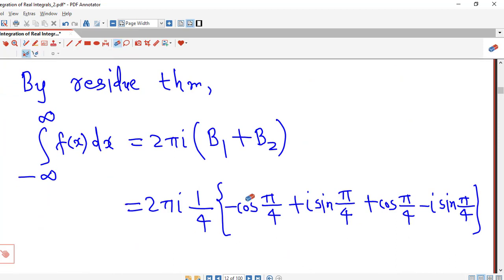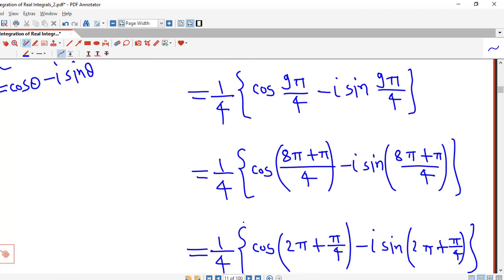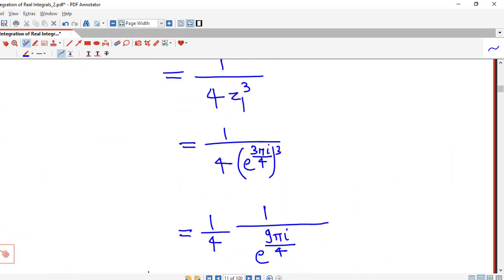So here I have written, by the residue theorem, the integral from minus infinity to infinity of f(x) dx will be equal to 2 pi i times b1 plus b2. Now in b1 and b2, 1 by 4 is common, so I have written it outside, and now I consider the remaining portion of b1 and b2.